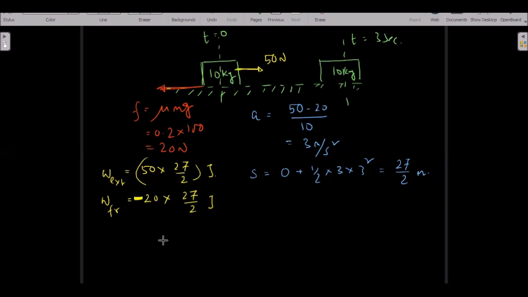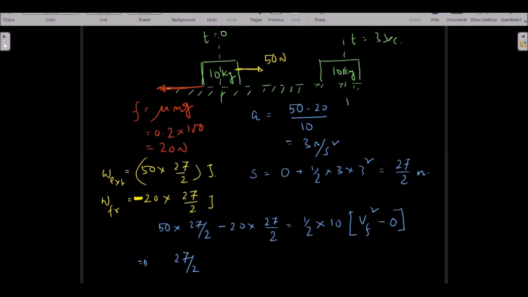Right? So if I apply work energy theorem, what will I write? 50 into 27 by 2 minus 20 into 27 by 2 is equal to half into m. M means 10 into V final square minus V initial, which is 0. Correct? So if you take 27 by 2 common, it is 50 minus 20 is equal to 5 Vf square.